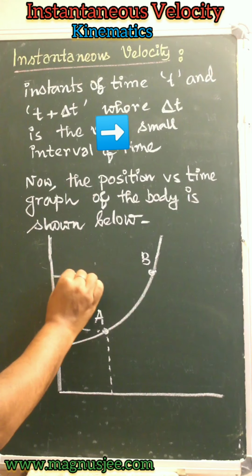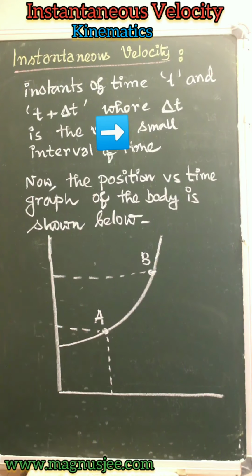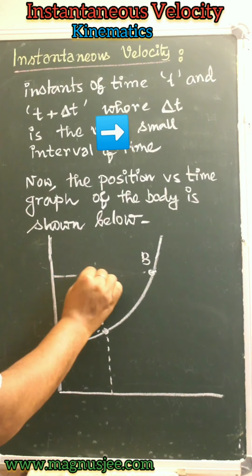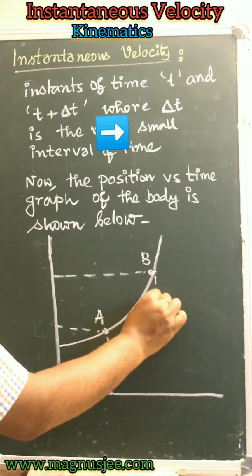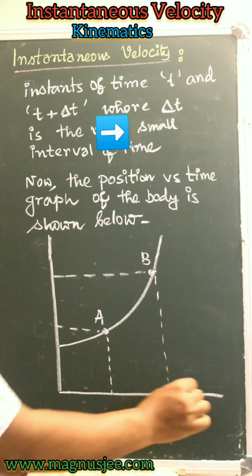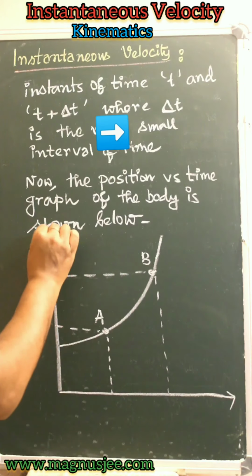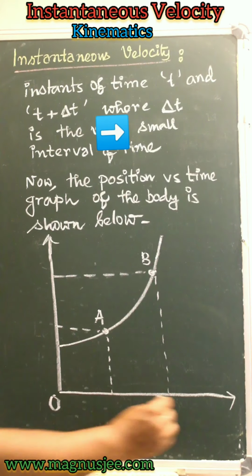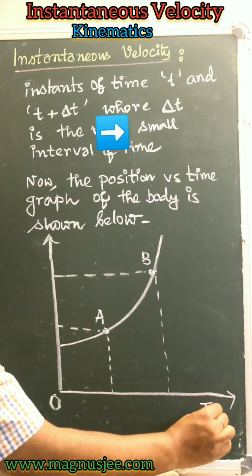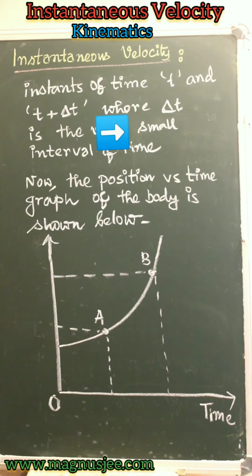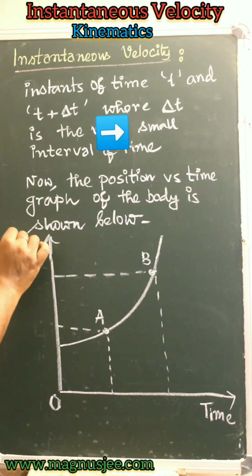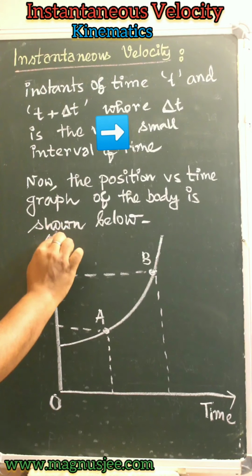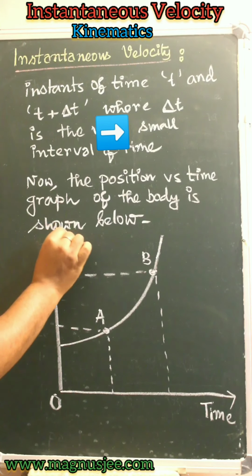Now we can draw a normal from B on the horizontal axis, or time axis. This is the origin O, the horizontal axis is the time axis, and the vertical axis is the position or displacement.